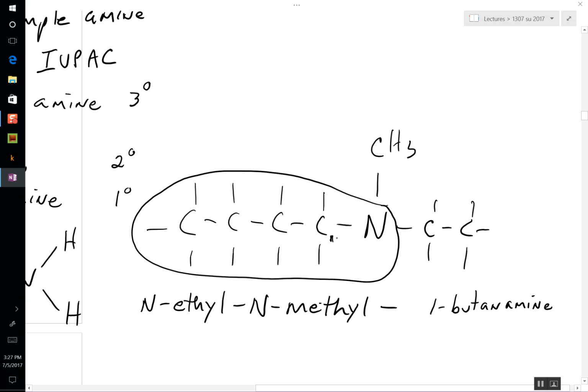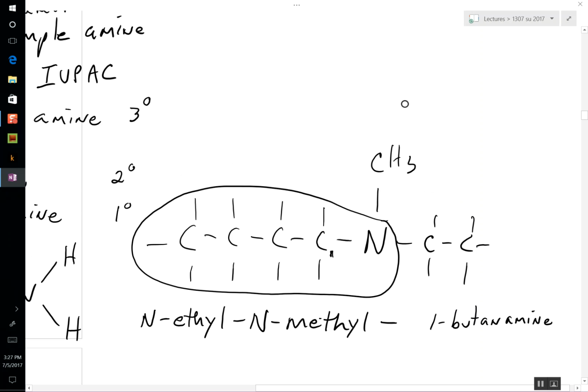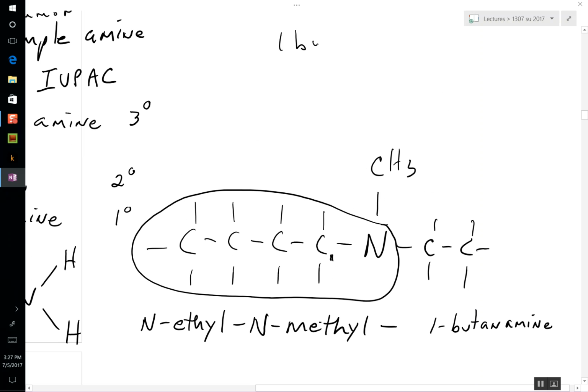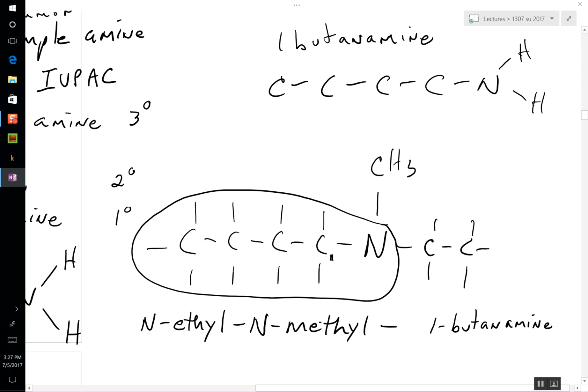But what else? We don't have just two hydrogens. In other words, 1-butanamine is this. You with me? That's 1-butanamine.